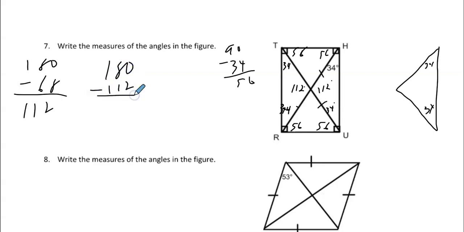They form a straight line and get 68. Or I could have added up 56 and 56, which is 112, and done 180 minus 112 and gotten 68. So that's how I get every angle in that rectangle.